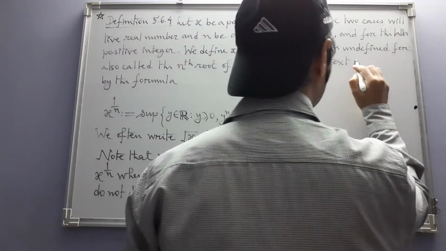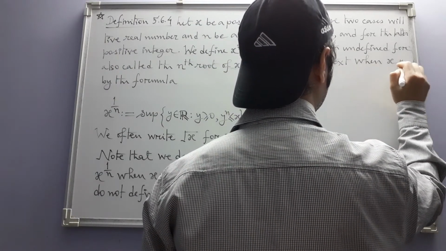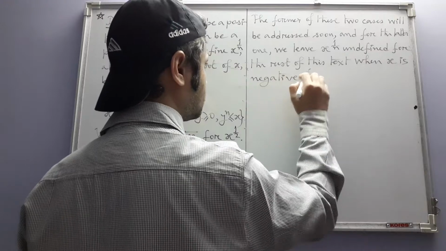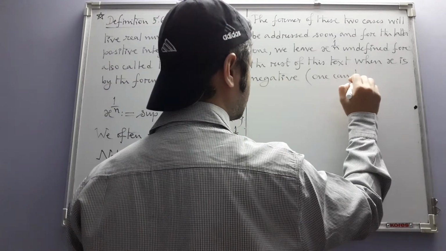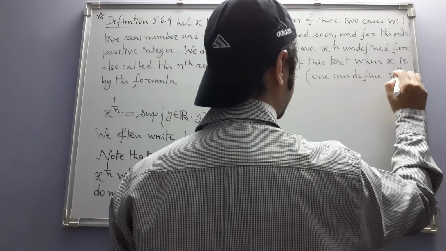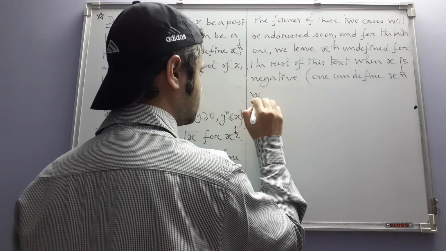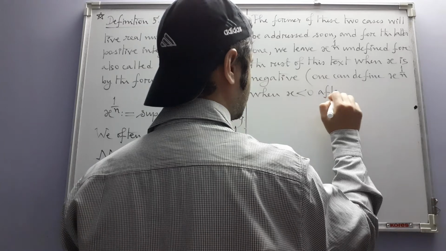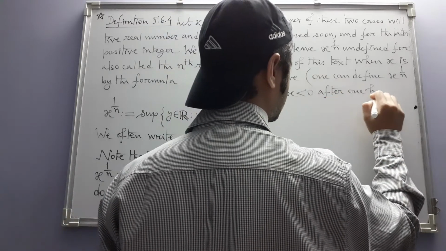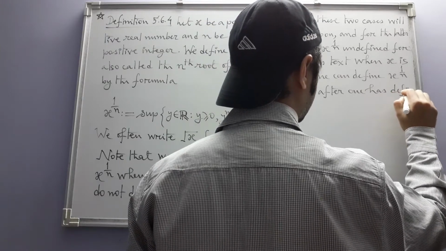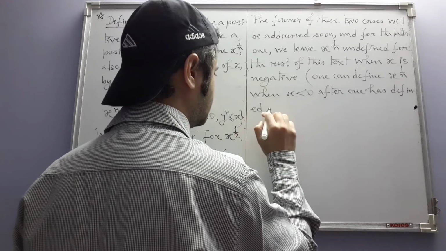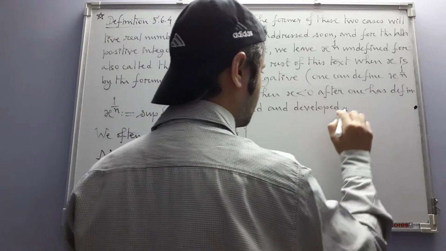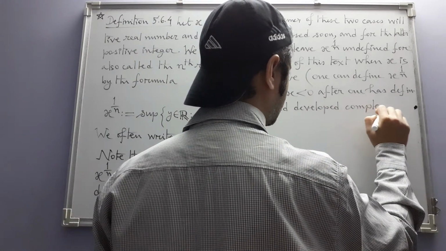For the rest of this text, when x is negative, one can define this when x is negative after one has defined and developed complex numbers.